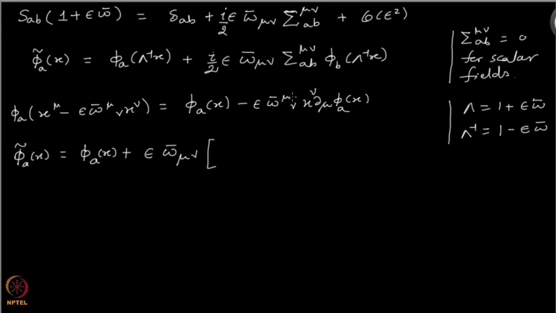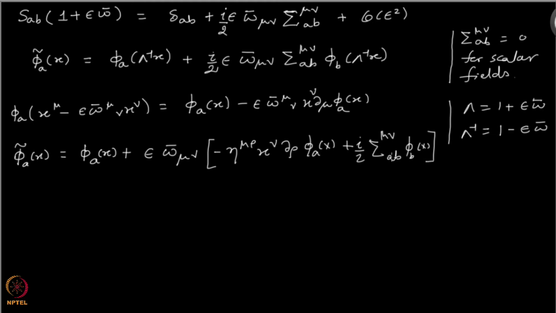And because here your mu and nu are one up, one down, to bring this one down you will use the metric tensor, and that gives you minus eta mu rho. I have taken the minus sign inside. Okay, x nu del rho of phi a of x plus i over 2 sigma mu nu AB phi b of x.